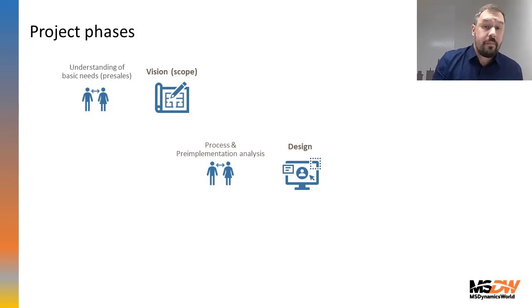And at the end of this phase, usually, because this is the last phase when the customer decides that he would like to start the project, the schedule of the whole future project must be prepared. So the project schedule is part of this analytic phase.